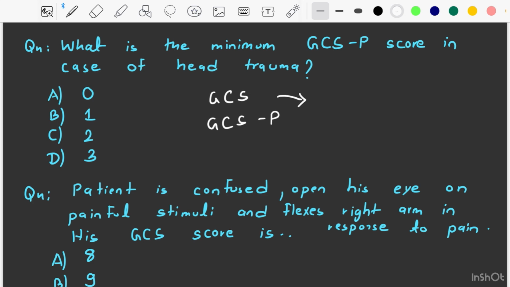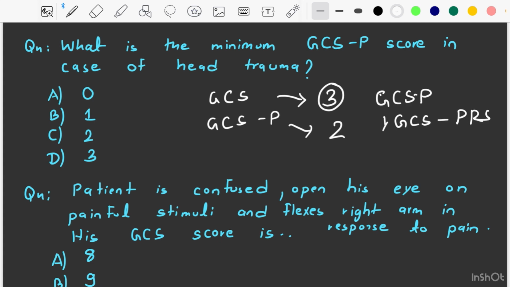As we already discussed, the minimum value of GCS score is 3. The minimum value of the pupil reactive score is 2. So we calculate the GCS P score by subtracting the pupil reactive score from the GCS score, that is, 3 minus 2 equals 1. So that is the correct answer.